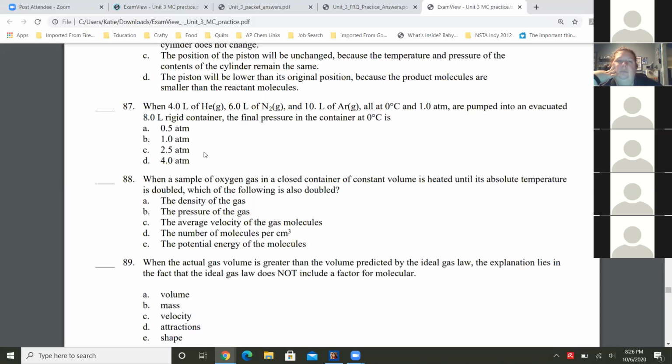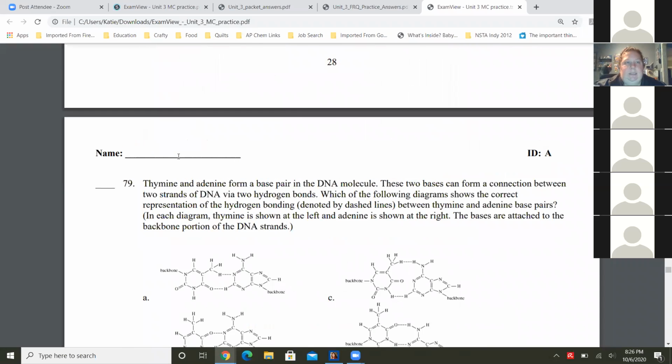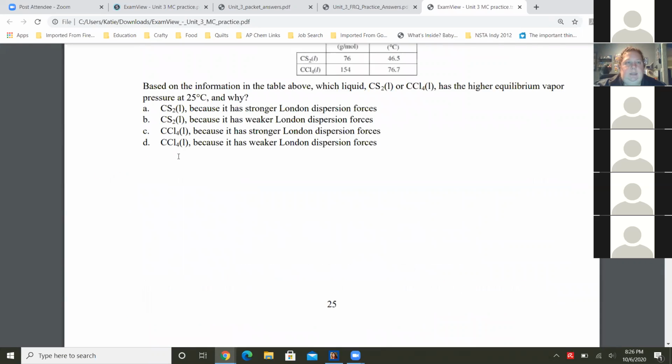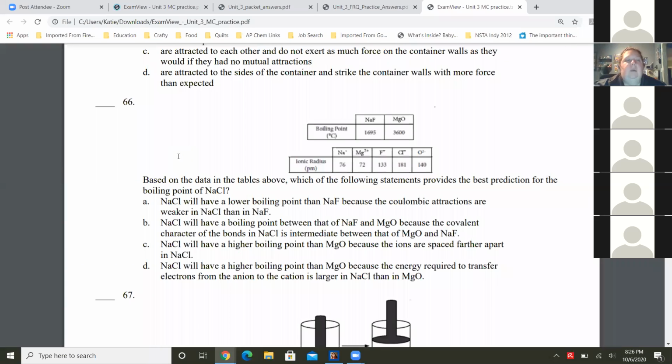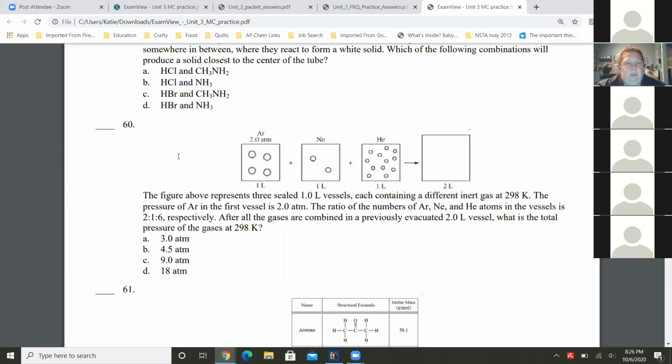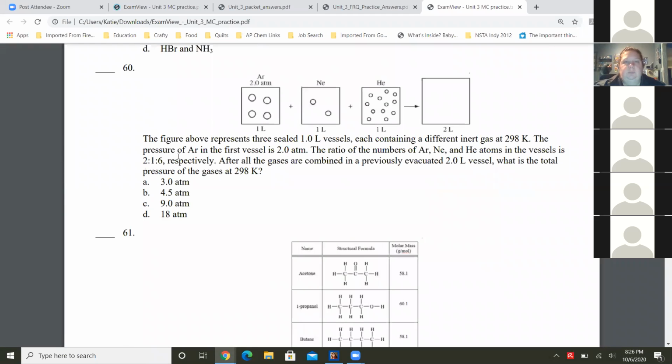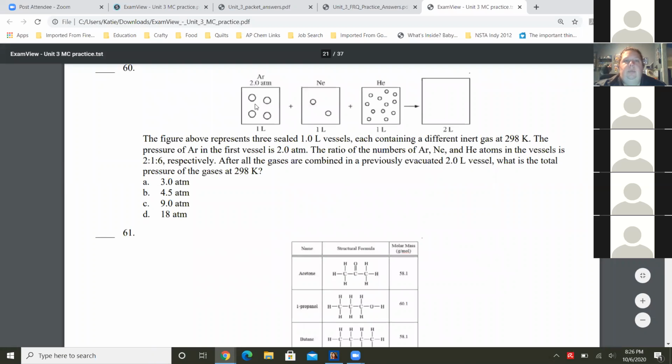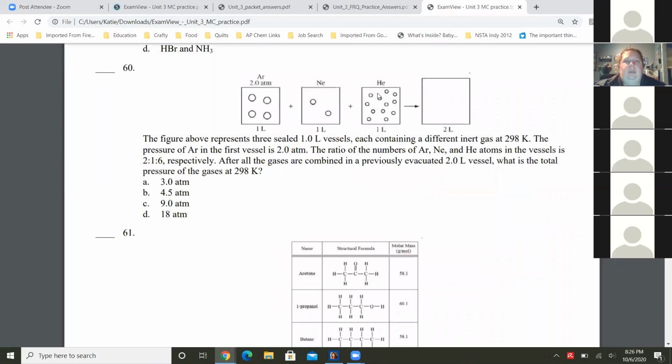Can we go to number 60 on the multiple choice? I'm confused about the partial pressure stuff. That question that we just did with the argon and the nitrogen is a partial pressure question too. So this one is similar. We've got 3 smaller containers of gas, each at a liter, and they each have their own pressure.